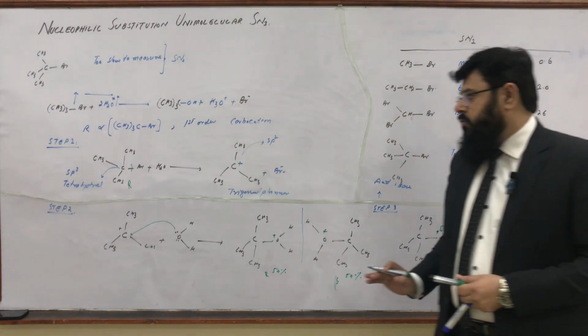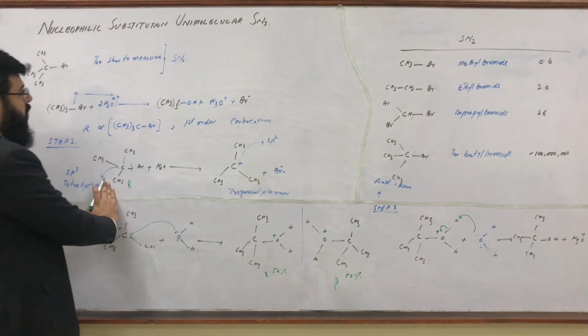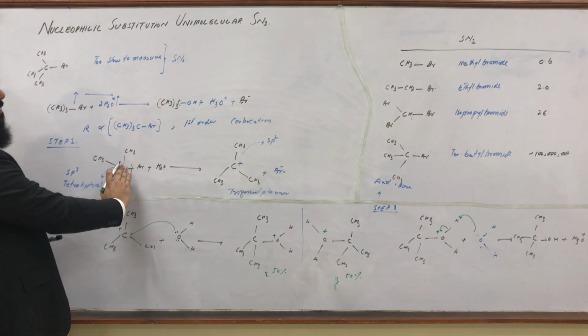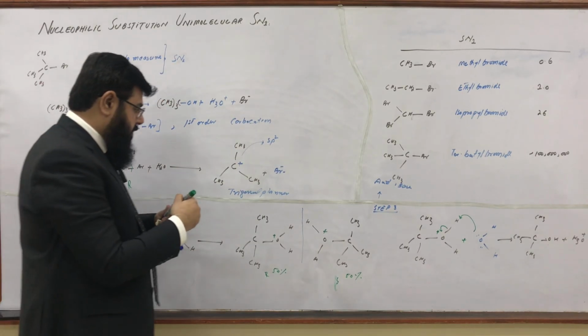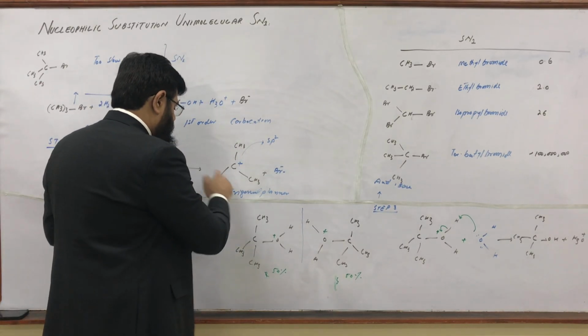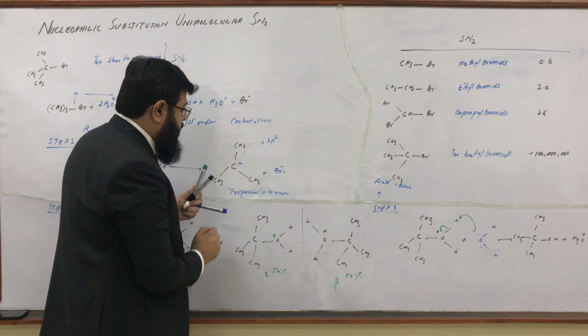So why do tertiary alkyl halides undergo the SN1 reaction mechanism instead of the SN2 reaction mechanism? The reason behind this is the stability of the carbocation.